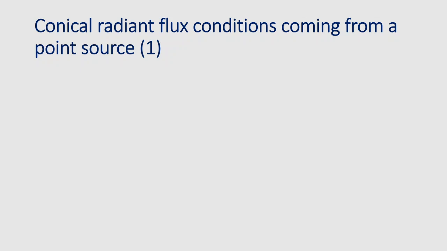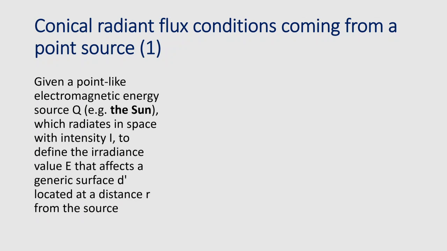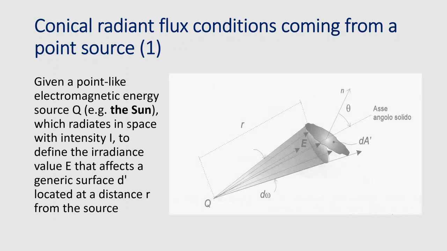Concerning the conical radiant flux condition coming from a point source, given a point-like electromagnetic energy source Q, for example the Sun, which radiates in space with intensity I, to define the irradiance value E that affects a generic surface dA1 located at a distance R from the source.